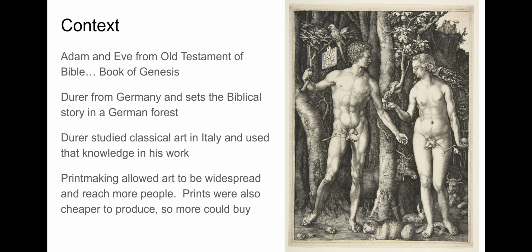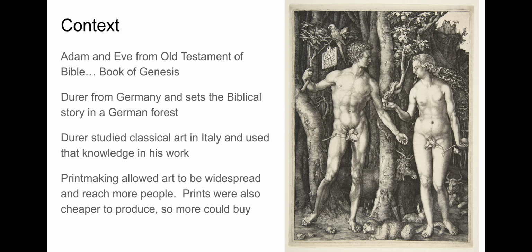It feels much more, I don't know, European forest-like setting, and that's because Dürer is from Germany. And in the Northern Renaissance, and with Dürer definitely falling into this category, the artists tend to set the biblical stories, like Adam and Eve here, into Northern Renaissance settings.